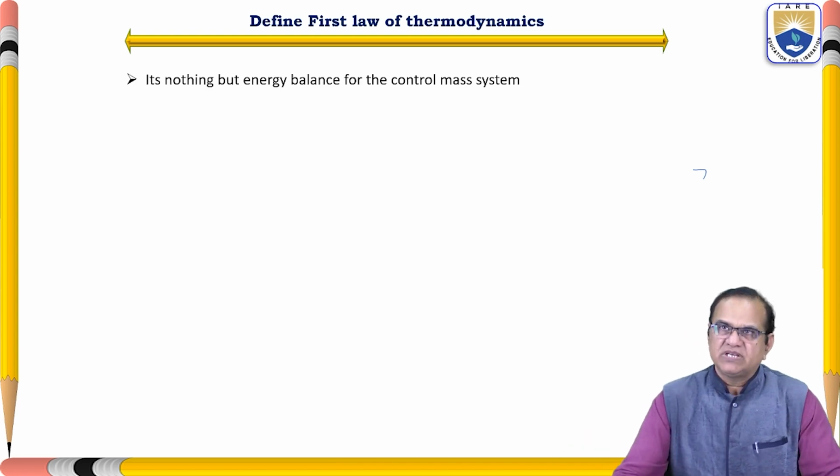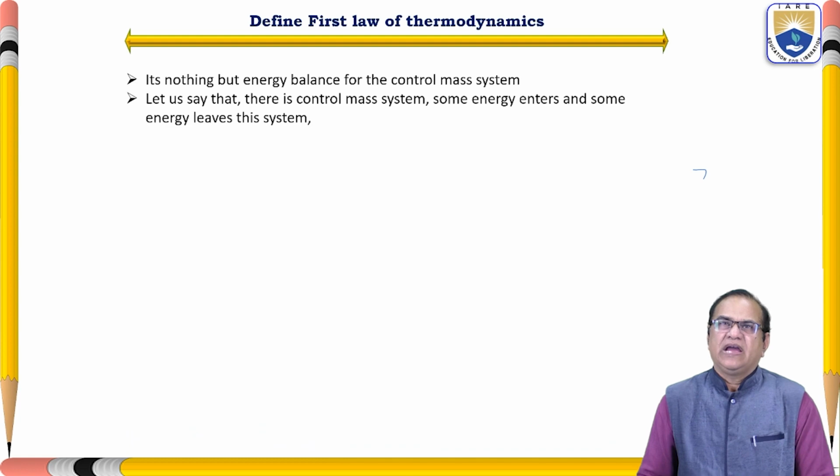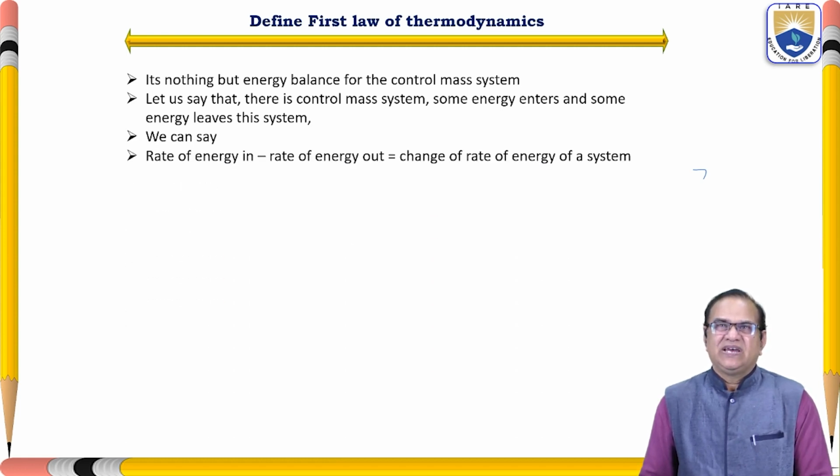First law of thermodynamics we have to define. It's nothing but the energy balance for the control mass system. It is a conservation of energy law, meaning energy cannot be created and cannot be destroyed. Let us say that there is a control mass system. Some energy enters and some energy leaves this system.